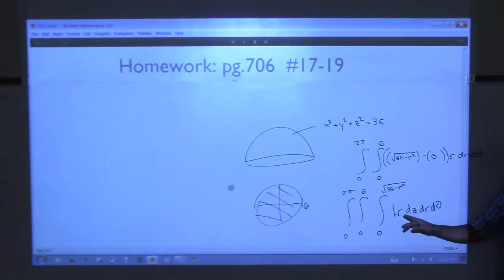When you take your first antiderivative with respect to z, you get z here. Then you plug in this and this. When you plug in this for z and then this for z, don't you get this? Yes. You get the exact same integral. Now you're back at this.